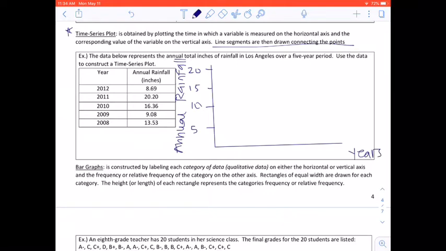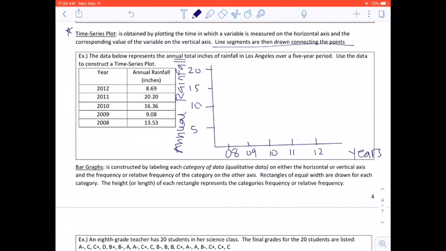And the year that goes from 2008 to 2012, we need to put that earliest year first. So 2008, I'm going to write this as 08. We had 09, 2010, 2011, and 2012. From here, I'm going to go ahead and put points for each one of these.